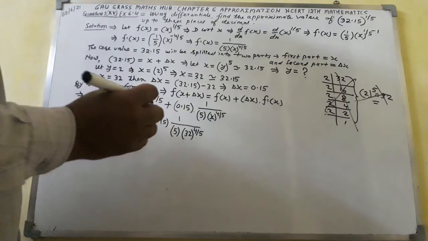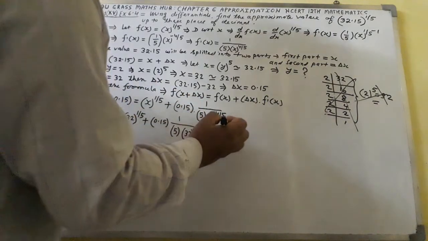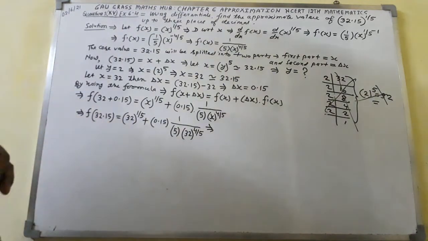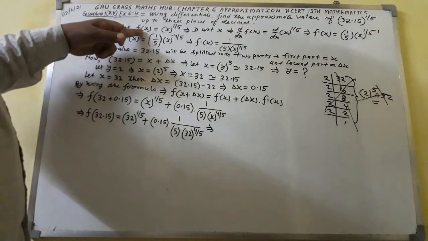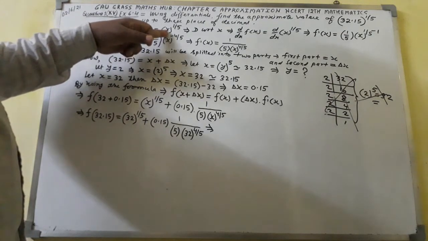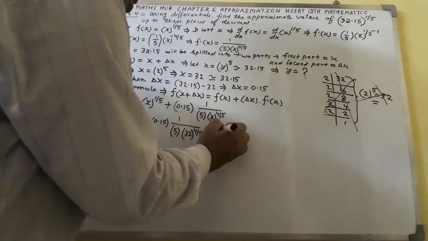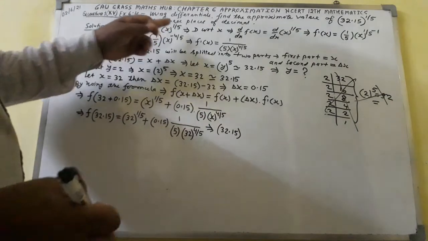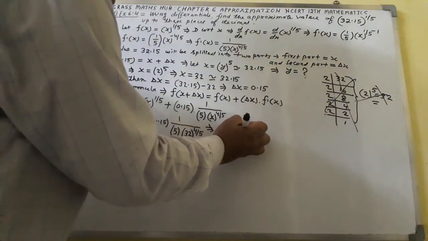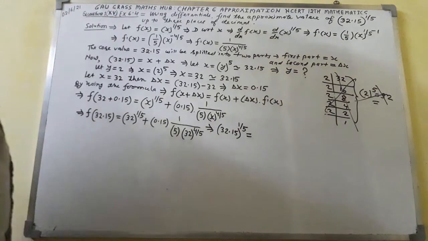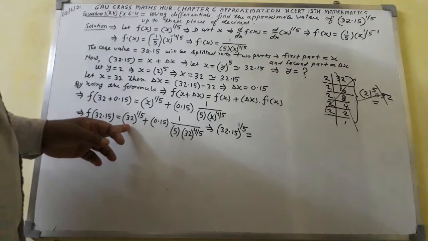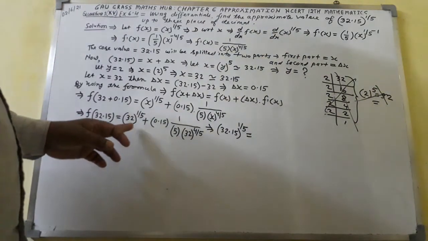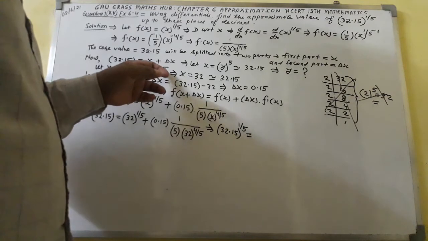Now what should I do here? Here again I shall write, implied that, here f of 32.15. In place of x I shall put here 32.15. So here write 32.15 raised to the power 1 over 5 equal to here 32. In place of 32 I can write 2 raised to the power 5.